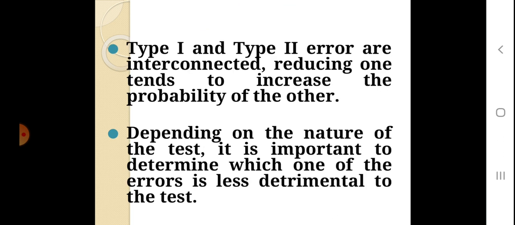However, because type 1 and type 2 errors are interconnected, reducing one leads to an increase in the probability of the other error. Therefore, depending on the nature of the test, it is important to determine which one of the errors is less detrimental to the test.